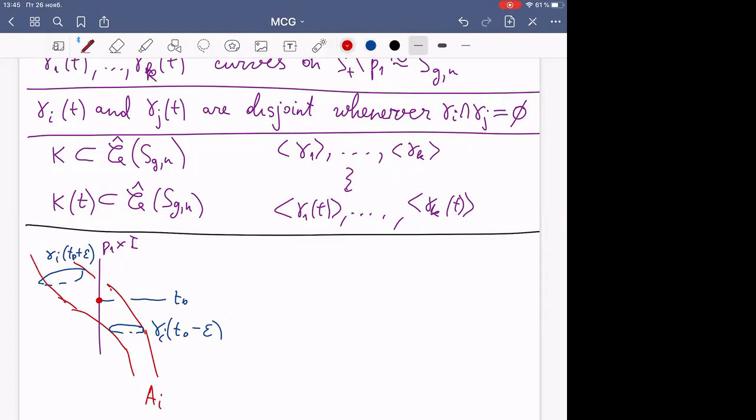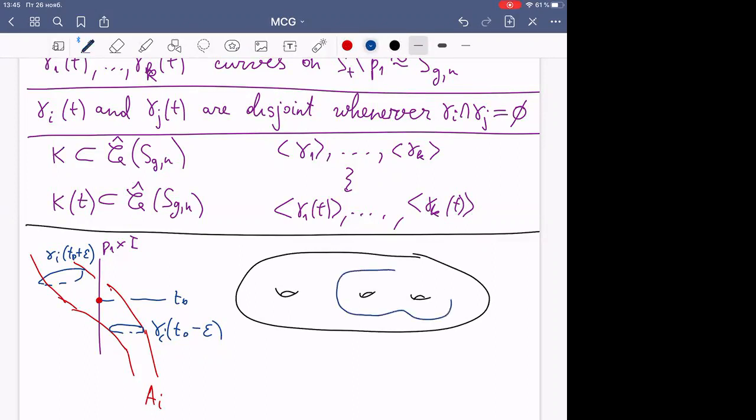All other curves do not change. So only gamma_i changes when we pass through this point. And it is not hard to see that gamma_i in fact changes like that. The situation is like that. Gamma_i was a certain curve.